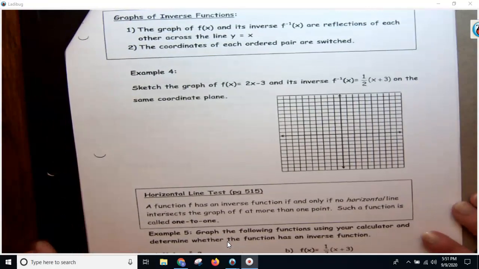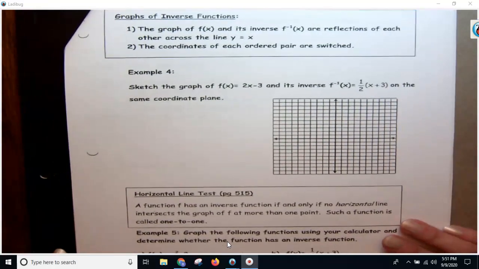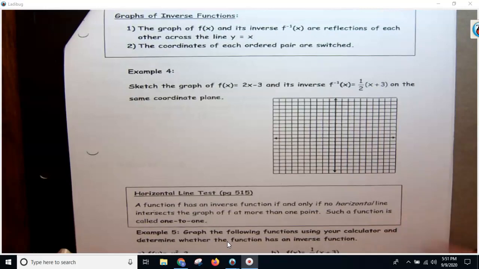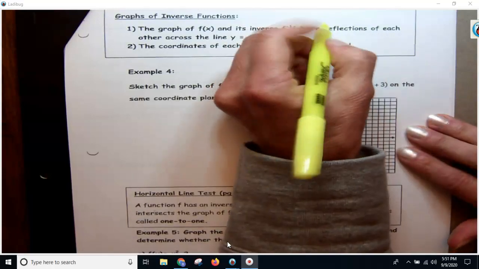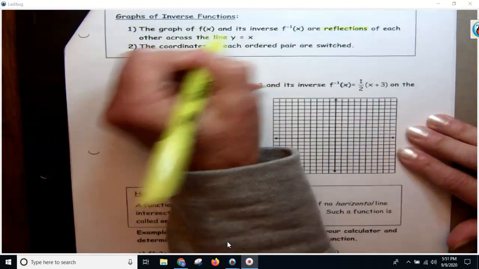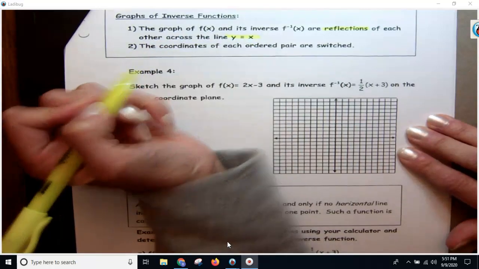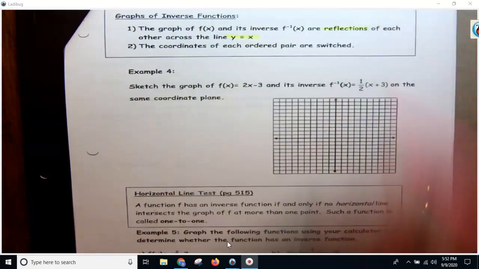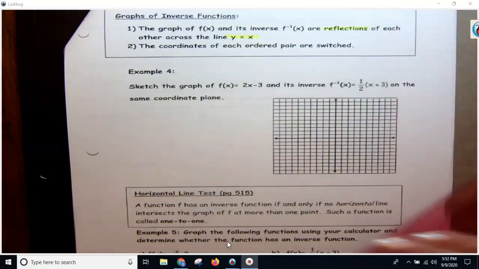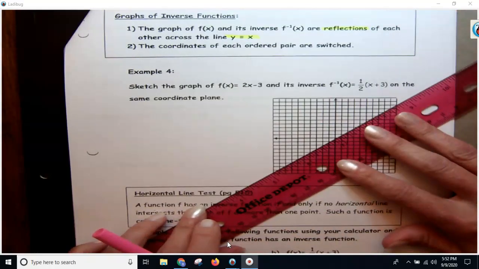Okay, so if we were going to graph the inverses of these functions, basically what you need to know is that these graphs are reflections of each other across the y equals x line. So if I was to write that y equals x line, look at right here.